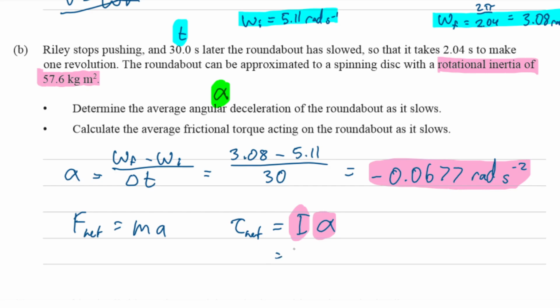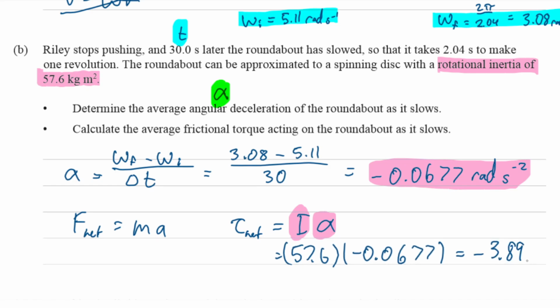So substituting that in, 57.6 kilogram meter squared times negative 0.0677 radians per second squared gives negative 3.89 Newton meters. Notice I rounded to 3 significant figures because everything else was to 3 significant figures, so we can't be more precise than that. And this is equal to the frictional torque.